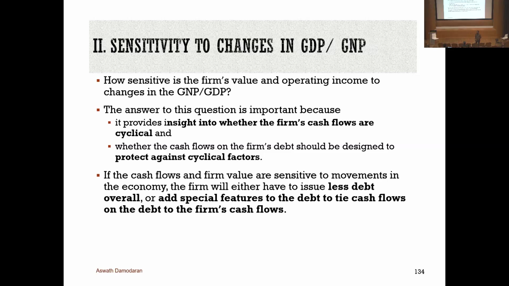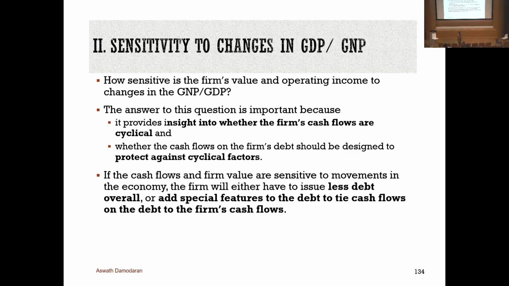My second stop is I'm going to look at how sensitive my company is to changes in real GDP. Remember we talked about cyclical and non-cyclical, and usually we have this thing of, auto companies are cyclical, but discount retailers are not. We don't know whether that's true, right? It's a completely empirical question. And here's the easiest way to see if your company is cyclical.